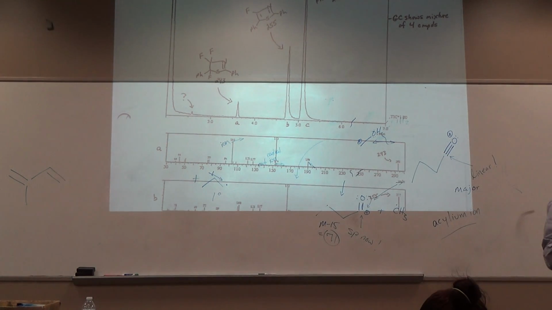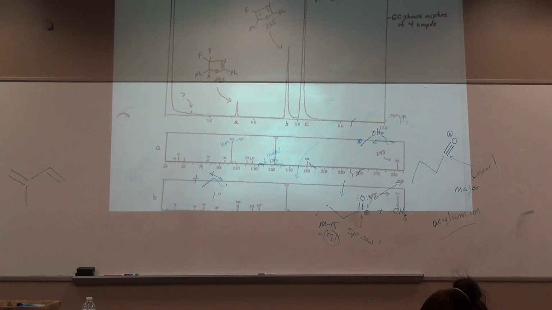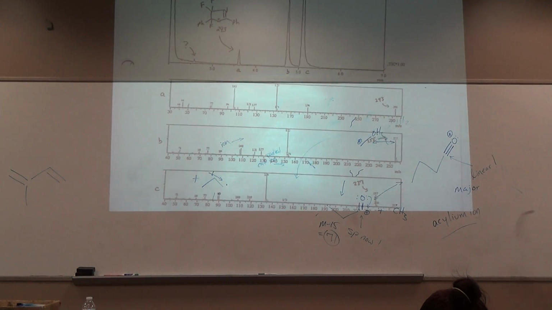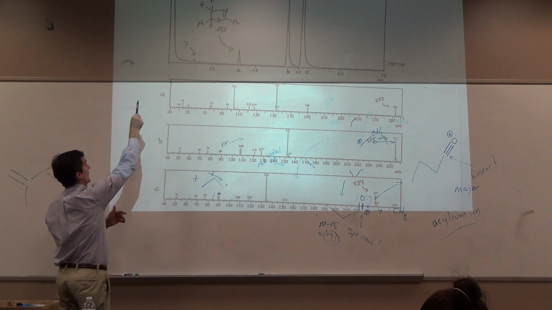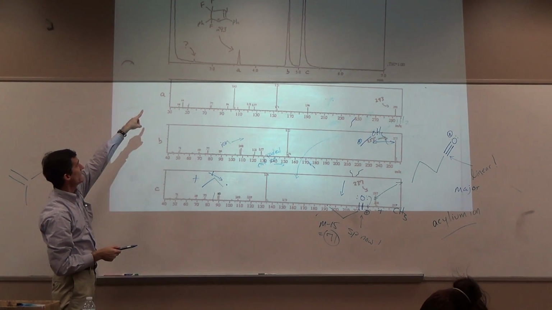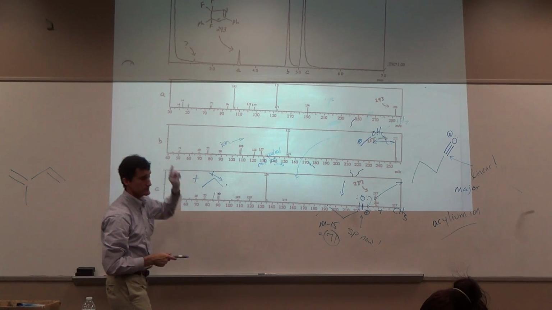Each component is then sent to the mass spec once they're separated on the GC column, and you can get a mass spec. Below is the mass spec for each, labeled A, B, and C. This particular one, there was no mass spec of this guy over here. I'm not sure what that is.